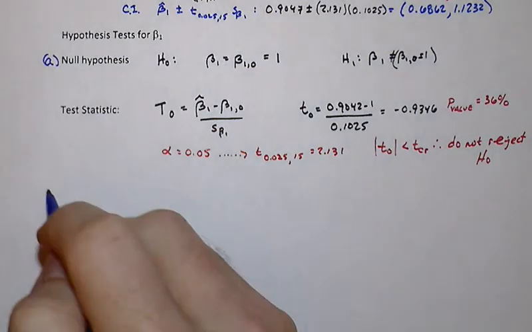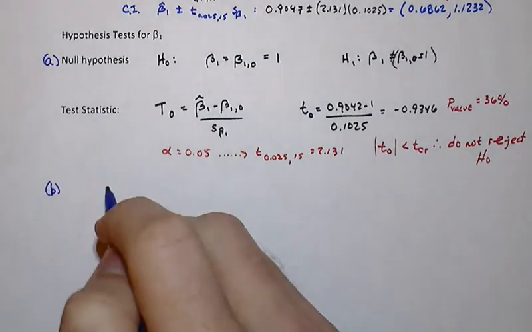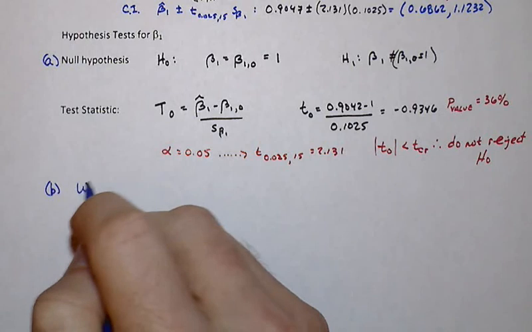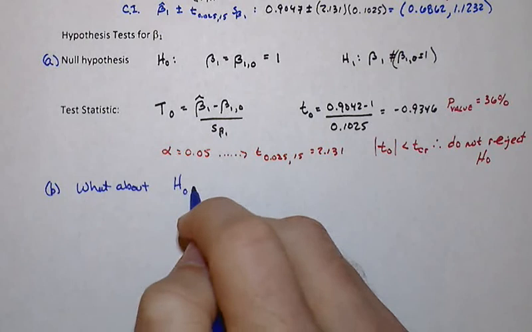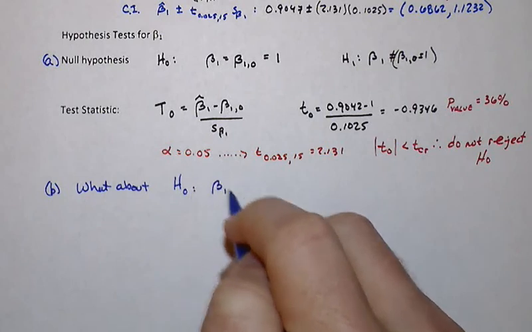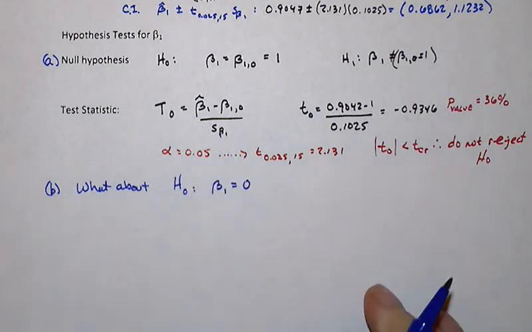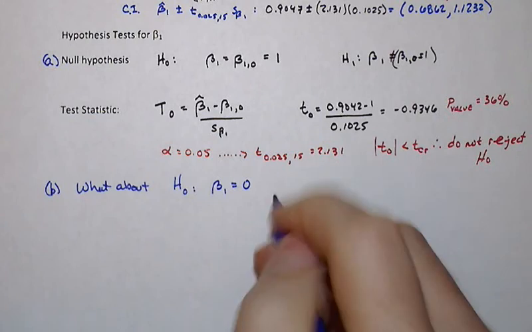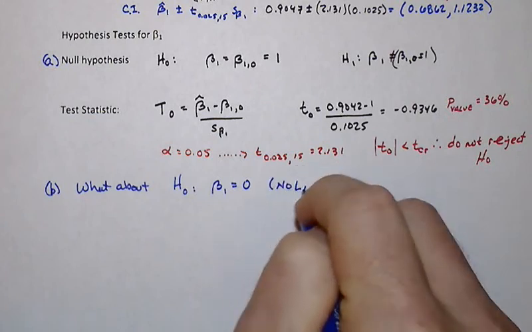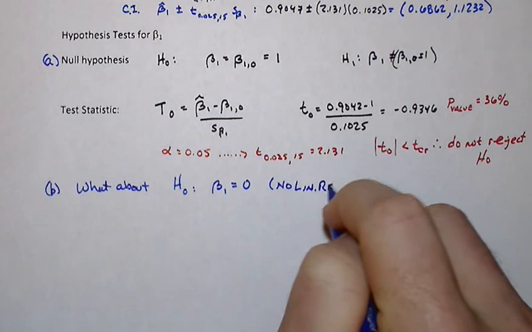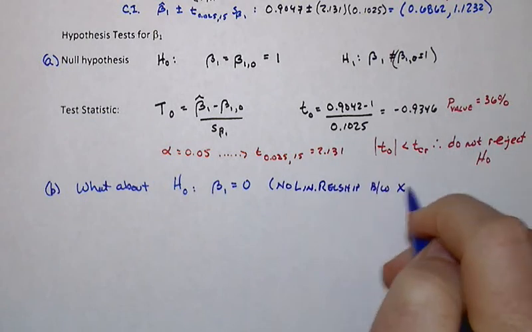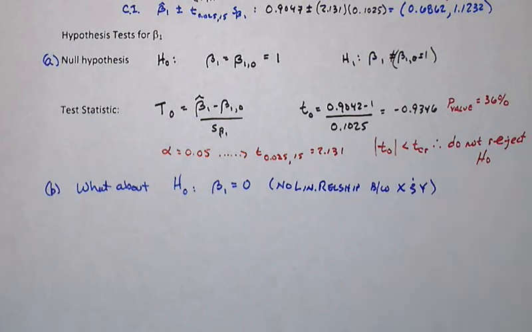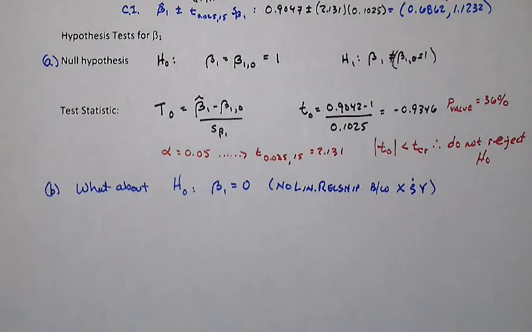Now, that's one null hypothesis that we might have looked at. Let's look at a second case, a very common one, and that is to ask whether our slope parameter ought to be 0, meaning there's no linear relationship between our two variables. That's a good one to also take a look at.